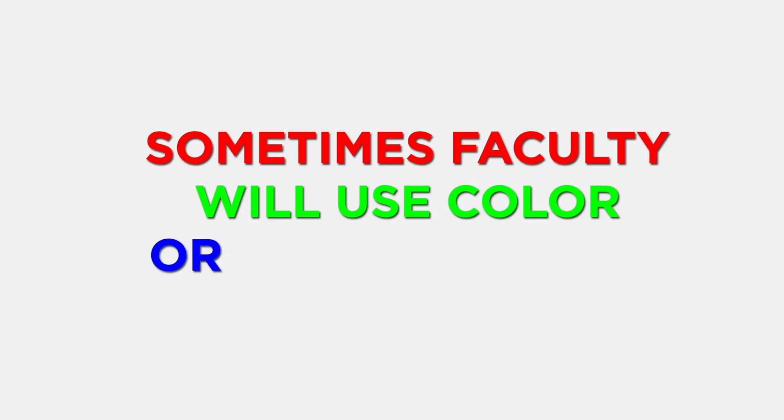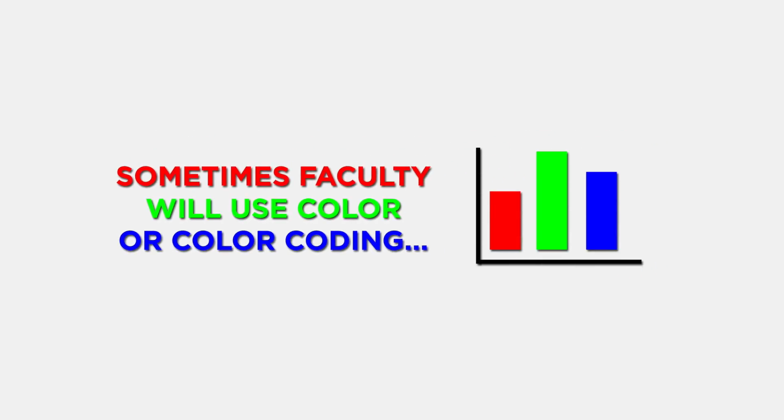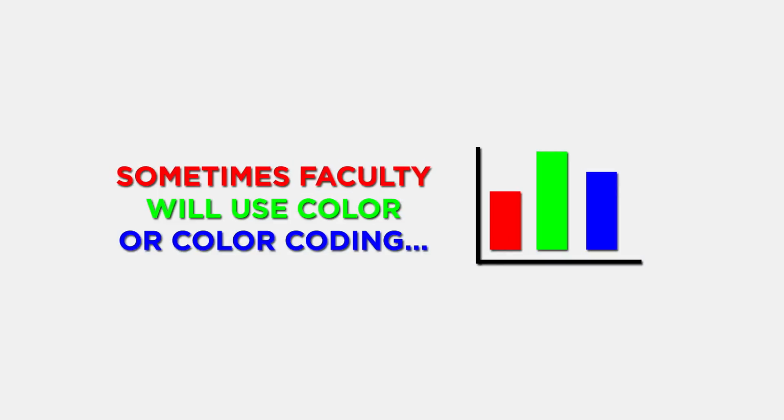The last thing that faculty can bear in mind is to avoid communicating in only one way. So a good example of this is sometimes faculty will use color or color coding to represent some kind of organization on a chalkboard or a whiteboard or a digital board, but not all students can see all color spectrums.